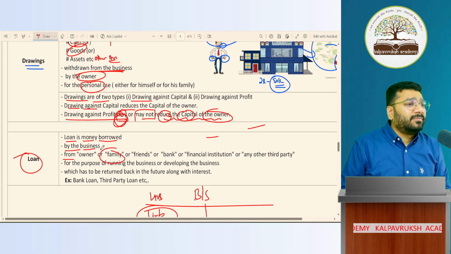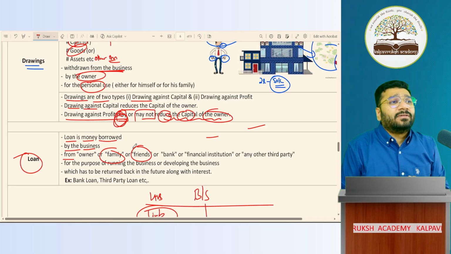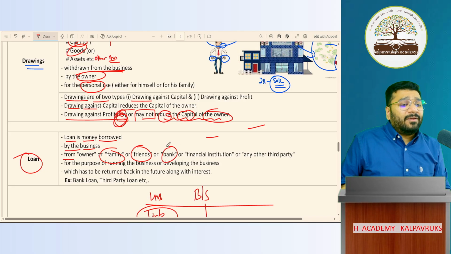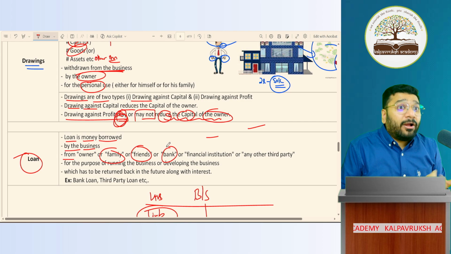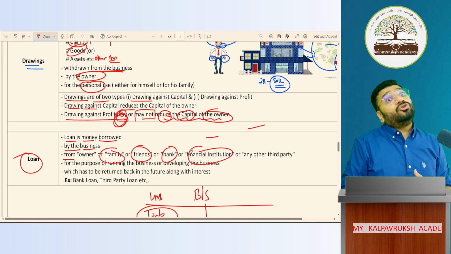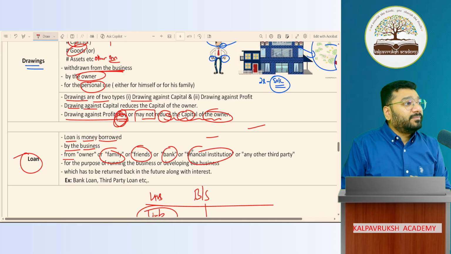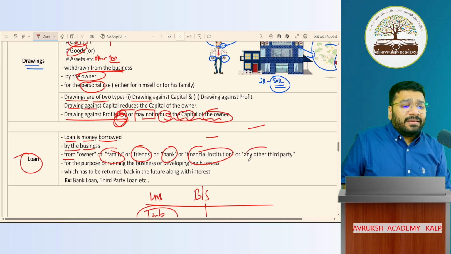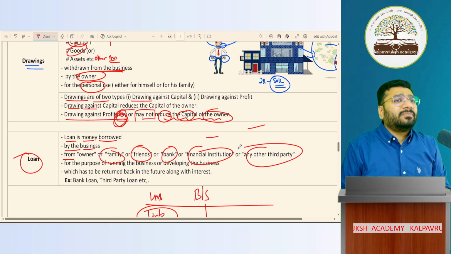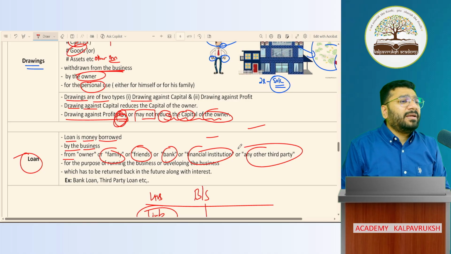If family members also are not giving, friends. Friends also not giving, bank. Bank also not giving, financial institutions. If they are also not giving, any other third party, neighbor, investor, anybody. Got it, not got it?